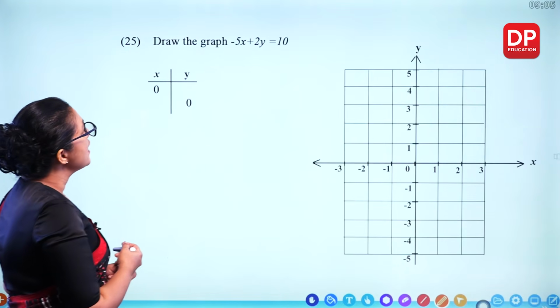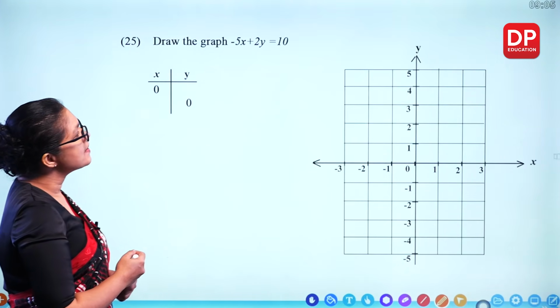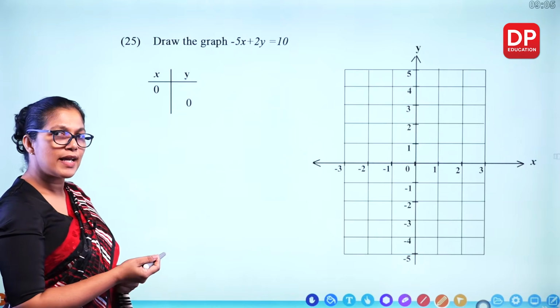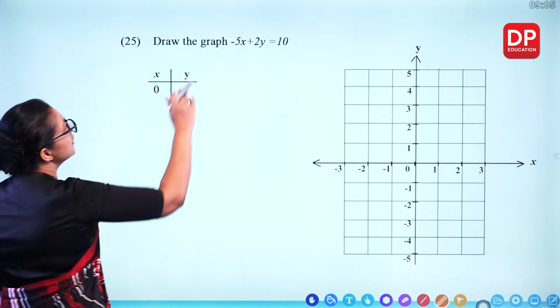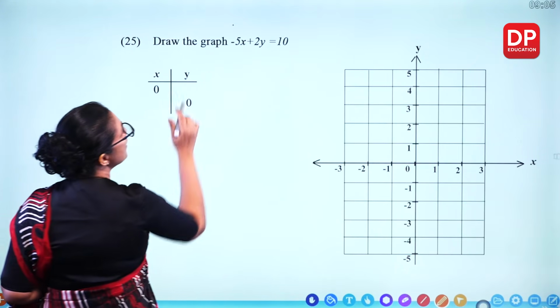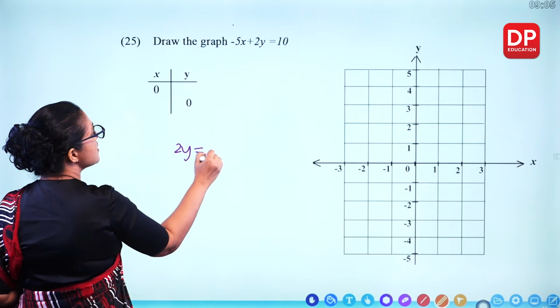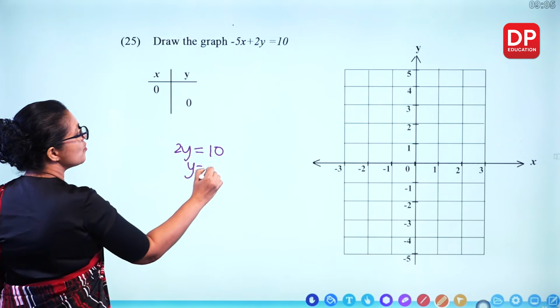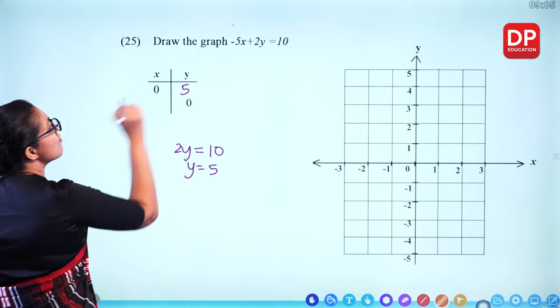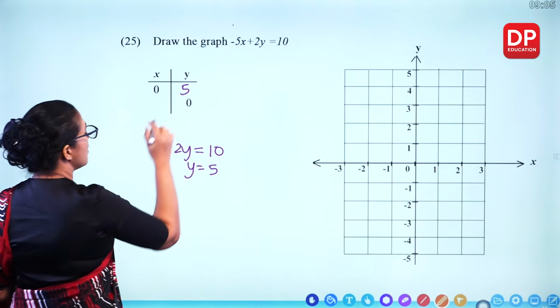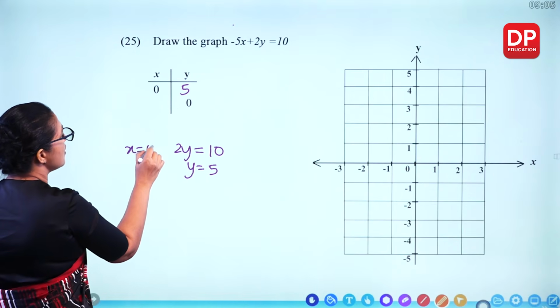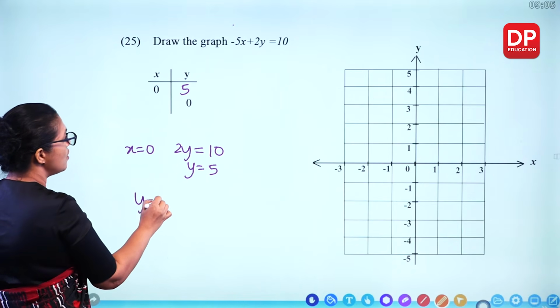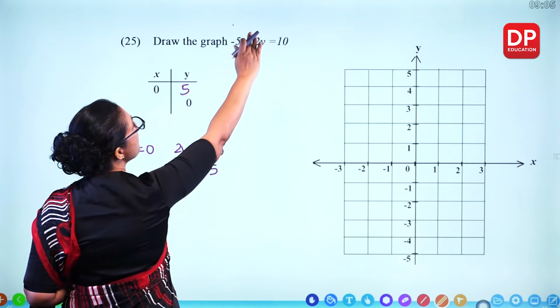Draw the graph minus 5x plus 2y equals 10. So take x equals 0, close it, find y. 2y equals 10, divide by 2, you get y equals 5. This is x equals 0. Now substitute y equals 0, close the y value.